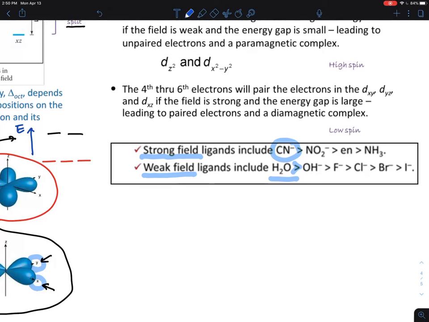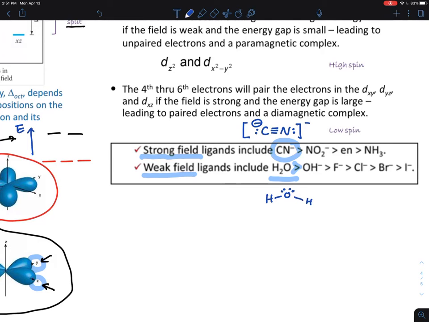Water is said to be the weakest one. Water has lone pair electrons, and those lone pairs can form the coordination complex with the central atom. CN has a triple bond with a negative charge, and this negative charge is more focused on the carbon side, so the carbon side is the one making the coordination.